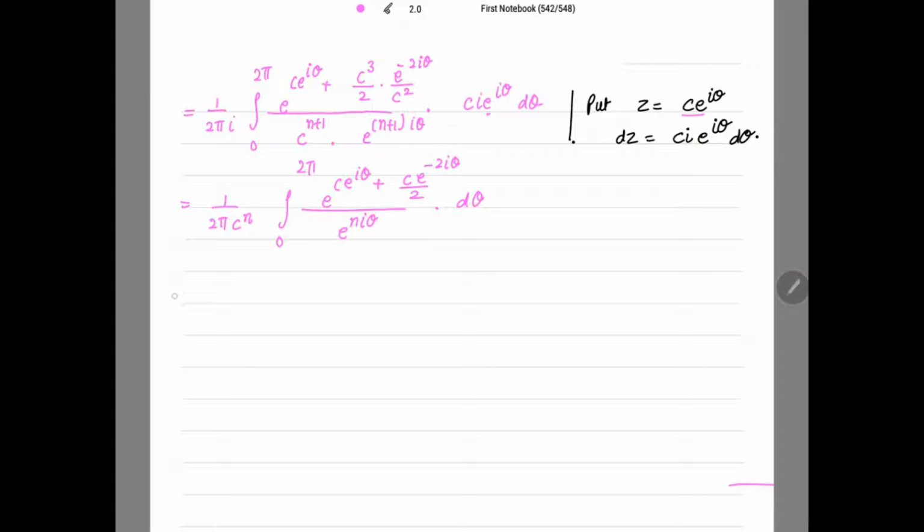Fine. Next, let's collect all the powers of e. 2 pi c to the power n, 0 to 2 pi, and collecting all the powers of e, this is c e to the power iota theta plus c by 2 e raised to the power minus 2 iota theta minus n iota theta d theta.